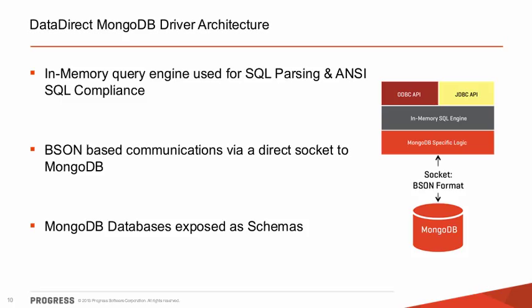So they are ODBC and they are JDBC, but there's also something more in there. There's stronger intelligence than what would typically be in a pure relational ODBC or JDBC solution, and that is this lightweight query engine that takes that SQL and figures out how best to optimize that retrieval request in the context of this normalized, relational view on top of potentially complex JSON documents, and make that happen in the form of submitting BSON-based queries directly to the MongoDB cluster socket.